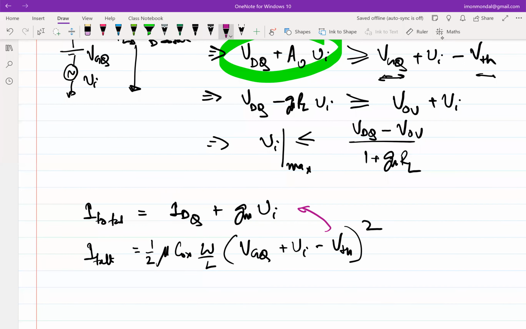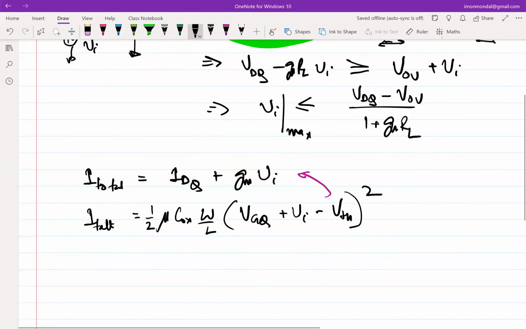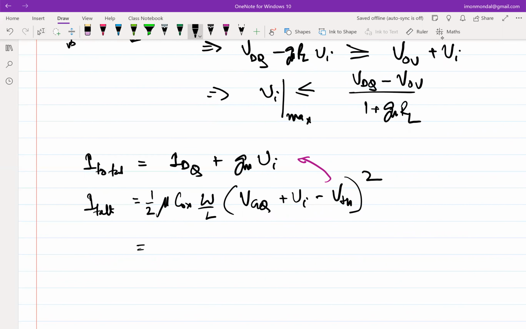Right. So yeah, as he's pointing out, I can break this entire thing as follows. If I take this VGQ minus VTH terms together, I get one IDQ term.